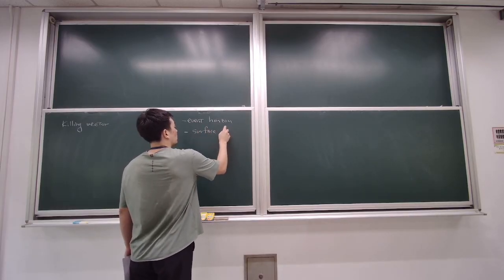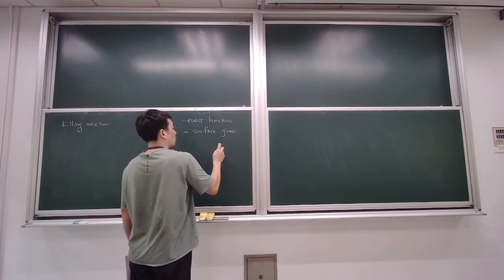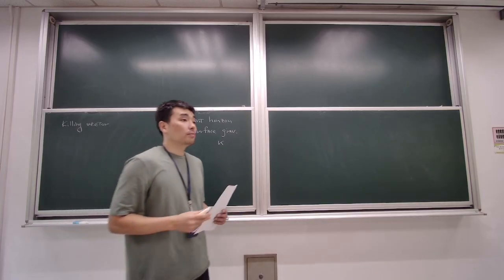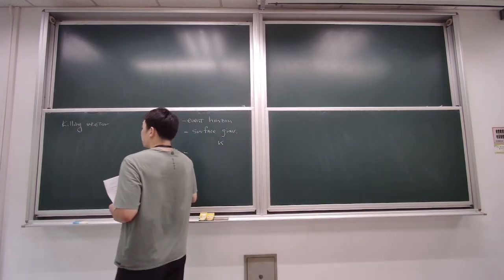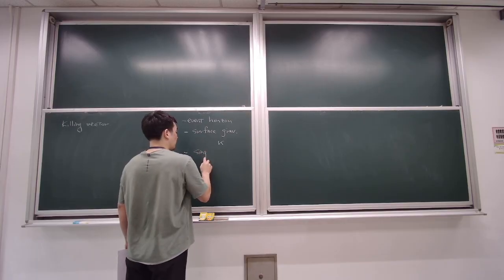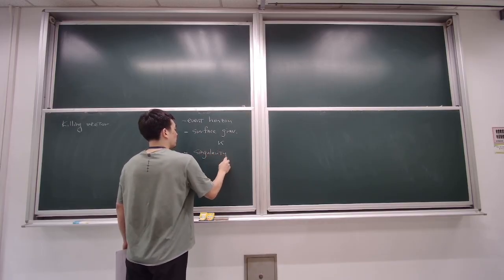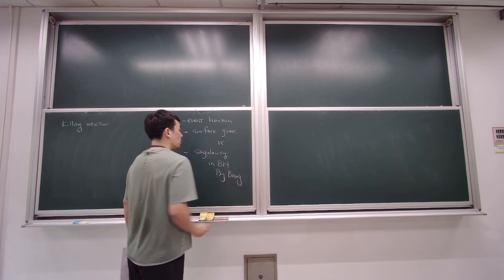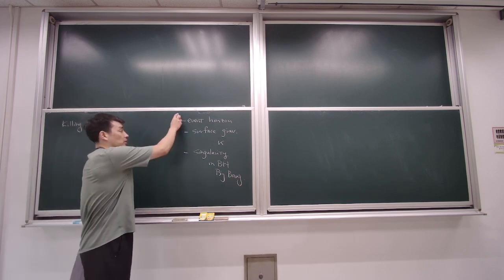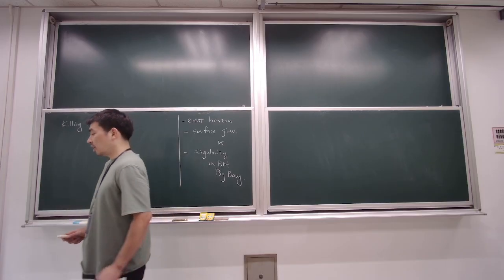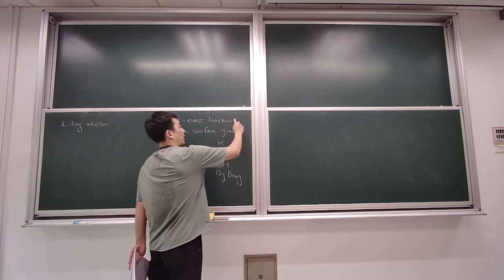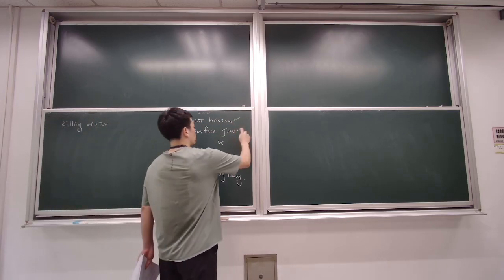In the case of a curve, we call it kappa. Also, we encounter singularity in black holes and also the Big Bang, and those can be understood a bit more in general terms. So first, we are going to talk about how to characterize the event horizon and surface gravity.